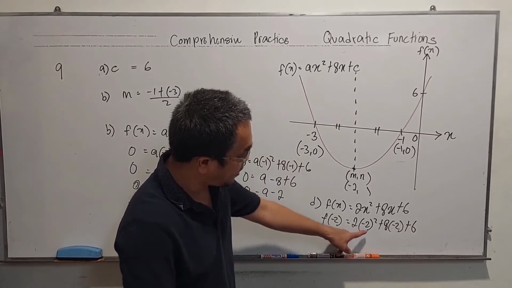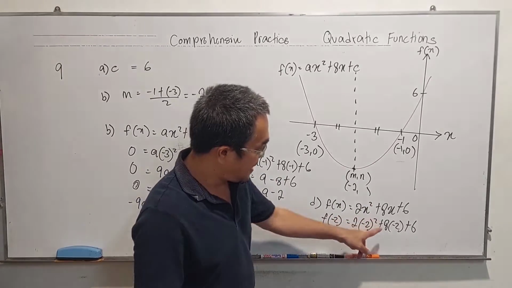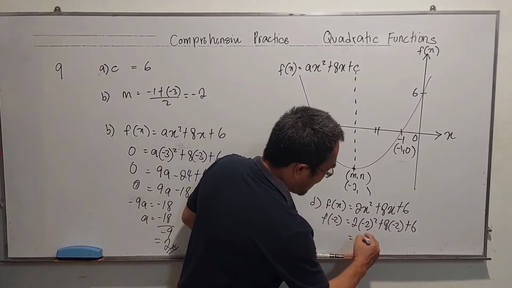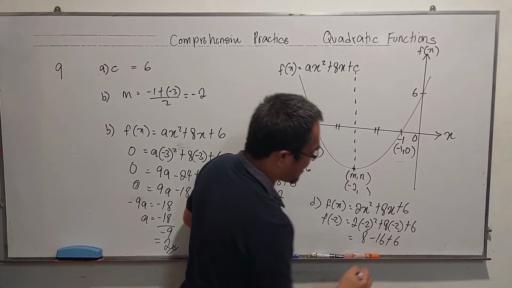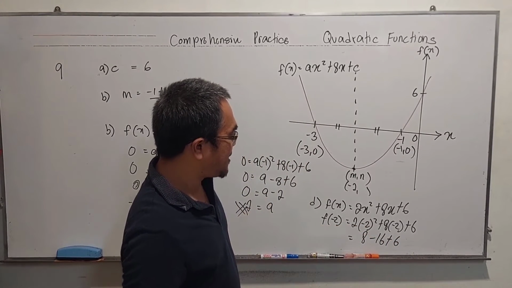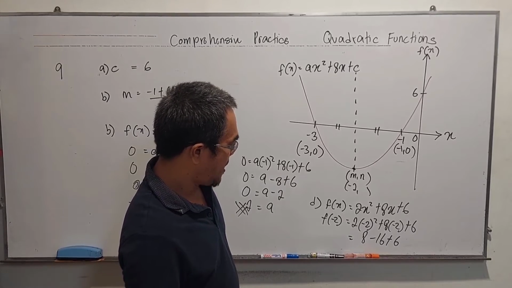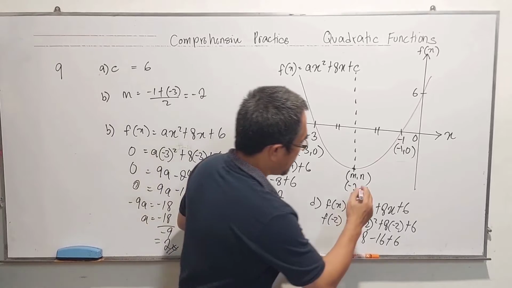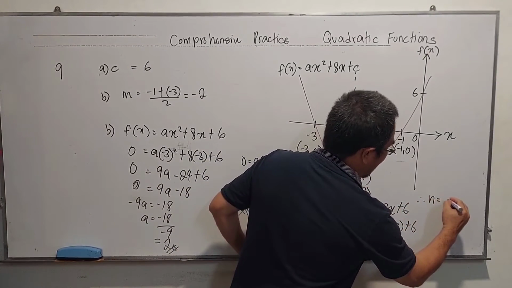So -2 squared will be 4, 4 times 2 will be 8, positive. And 8 times -2, so 8 minus 16 plus 6. 8 minus 16 will be -8. -8 plus 6 will be -2. Therefore n is -2.